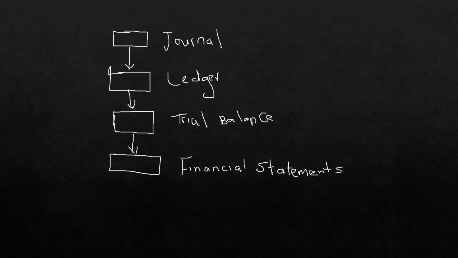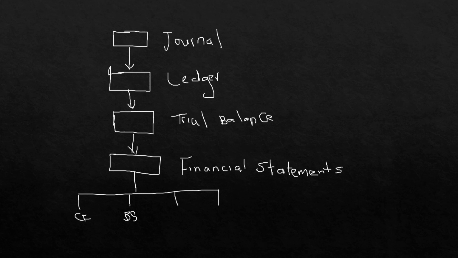Now there are about four financial statements. There is CF, representing cash flow. There is BS, representing the balance sheet.